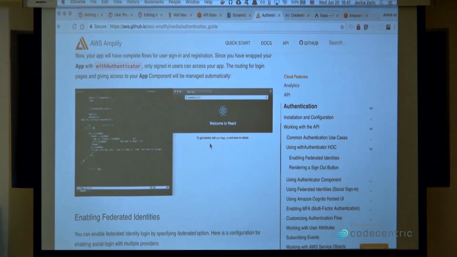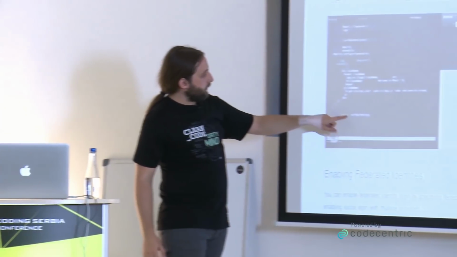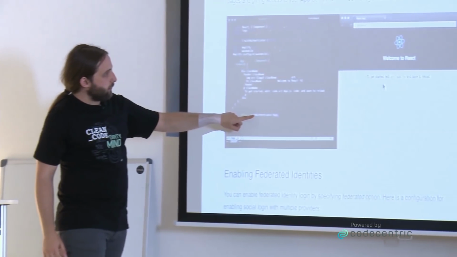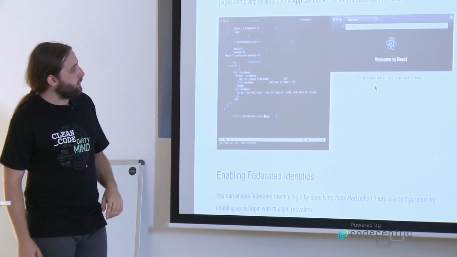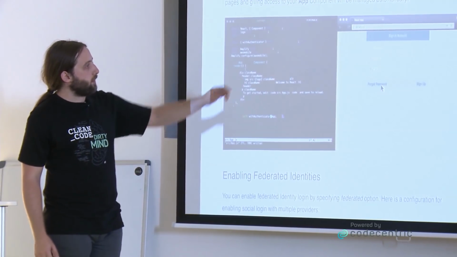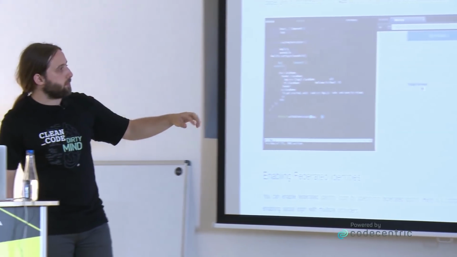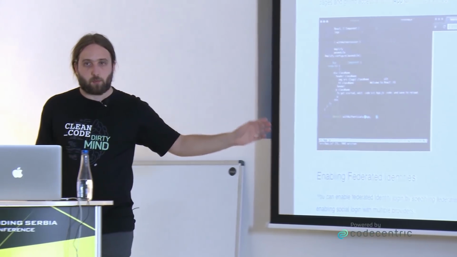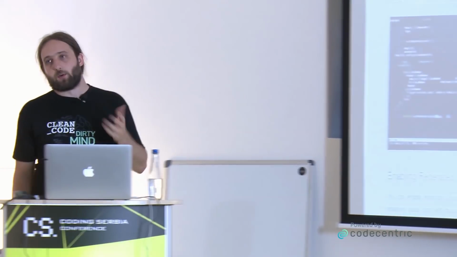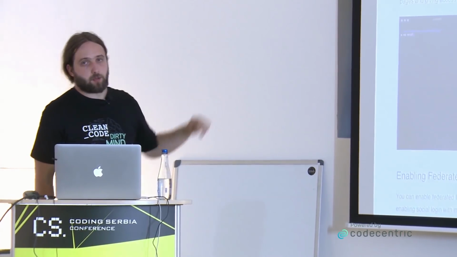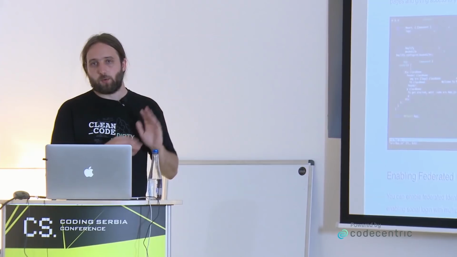So hopefully you can see this, but he imported it with Authenticator, and then he used it inside the app. This is the default. When you use this, you get out of the box a sign up form, forgot password, sign in, confirm code, and that was even faster than I wanted. But for me as a developer, I wanted to play around to see how this function was used and so on.